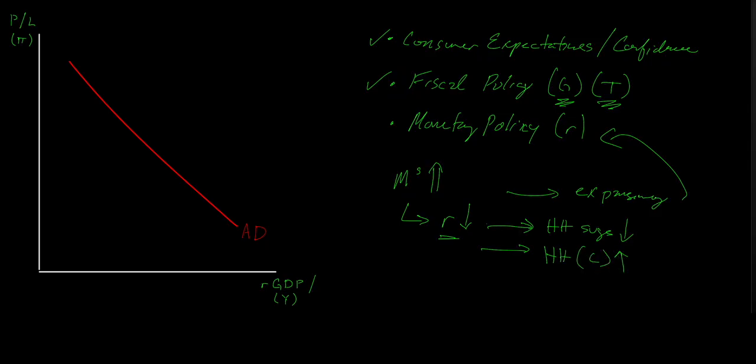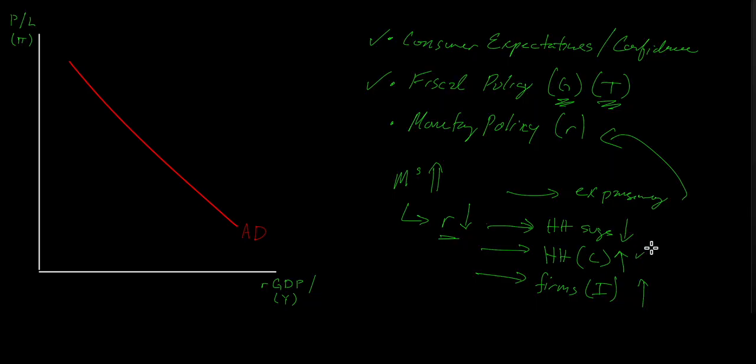And with a decrease in interest rates, you'll also have firms, business investment, be more enticed to borrow funds for capital investment. So they're more enticed to borrow money, and that is putting more money into the economy as well.